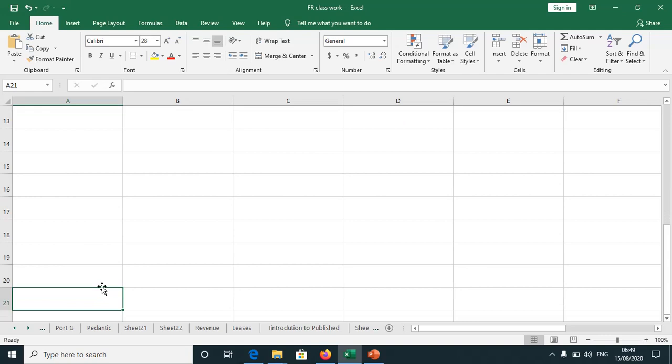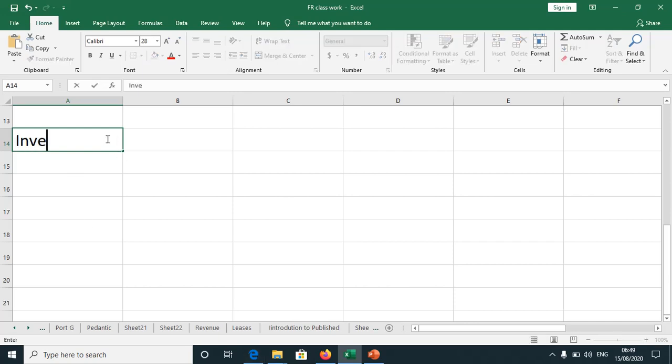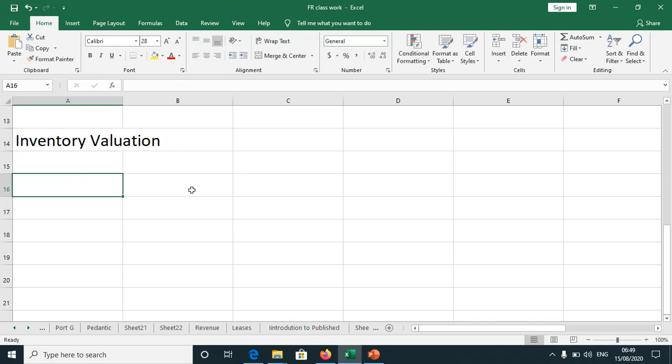This is supposed to be question 33, of course. Let me just say inventory valuation. We want to use FIFO, of course. FIFO means first in, first out.